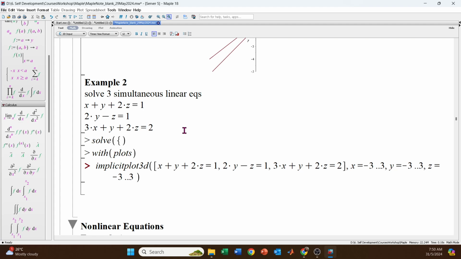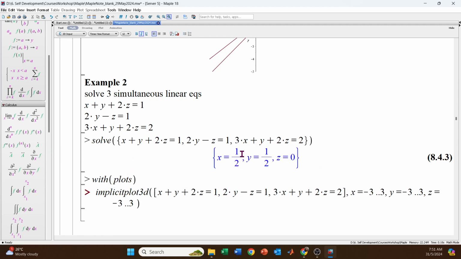Same thing, curly bracket: x plus y plus 2 times z equals 1, comma, 2 times y minus z equals 1, then comma, 3 times x plus y plus 2 times z equals 2. You get x is half, y is half, z is 0. If you don't want to show all the commands in the built-in functions of plots, you just put a colon.